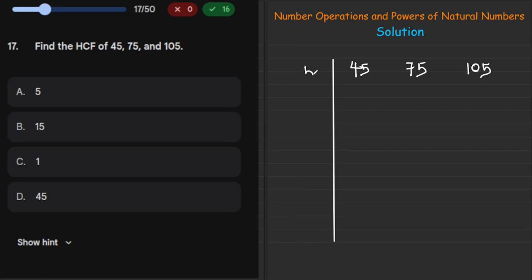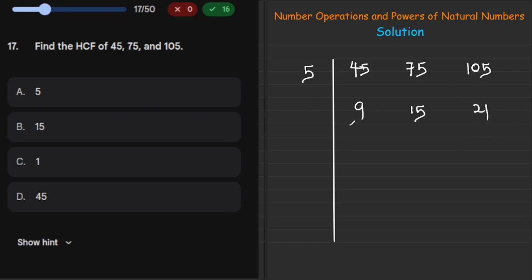Starting with 5, we know all these numbers end with 5, so it means 5 can divide all of them. So 5 divides 45 to give us what? A 9. And it divides 75 to give us a 15. And 5 divides 105 to give us a 21.